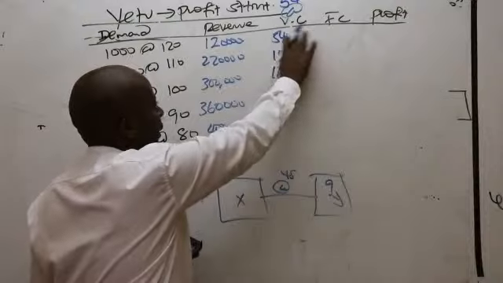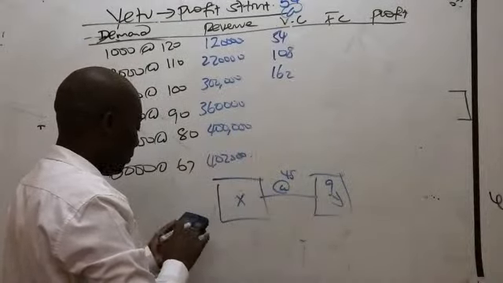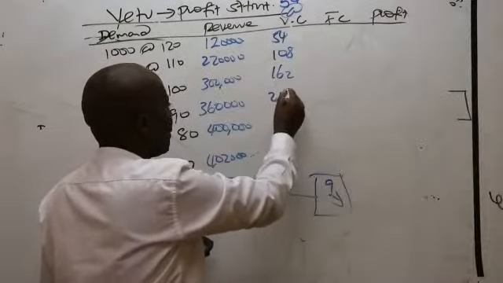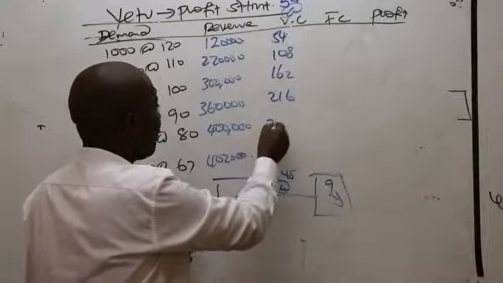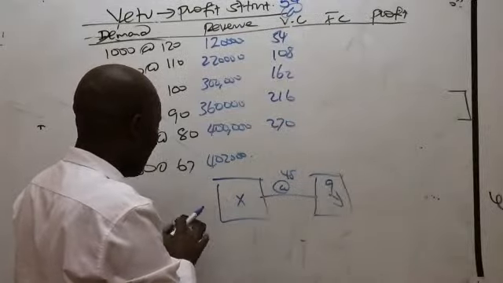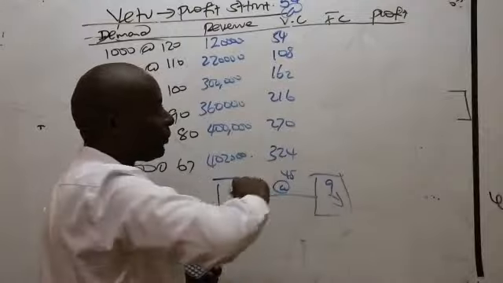I can have my figures in thousands. Then times 4, which gives me 216. Then times 5, which gives me 270. Then times 6, which gives me 324.